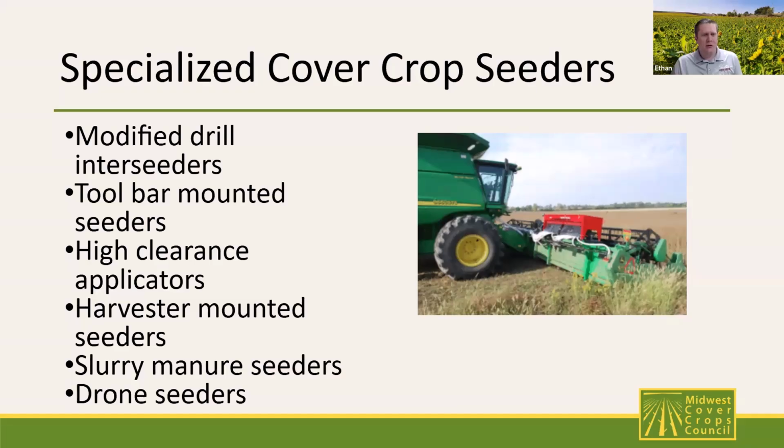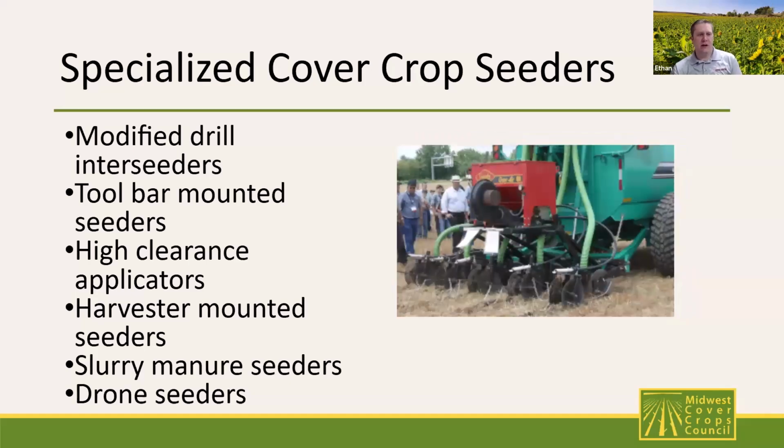And if these are set up correctly, we can get the cover crop seed underneath that cash crop residue, so we are directly on the soil surface, which is a little better than broadcasting on top of that trash after harvest. Trapping some of that moisture between the soil and that cash crop residue can help with germination as well.